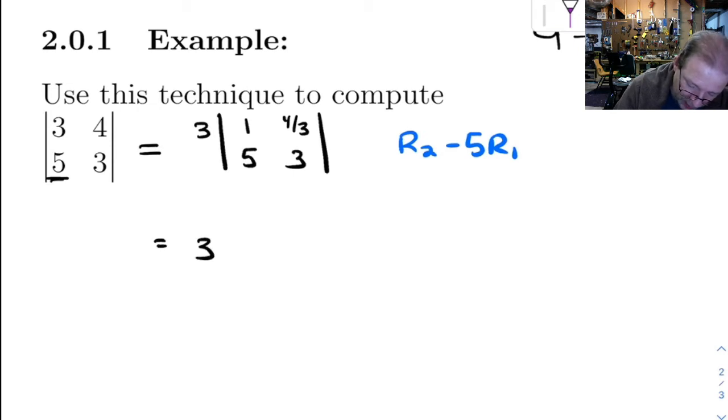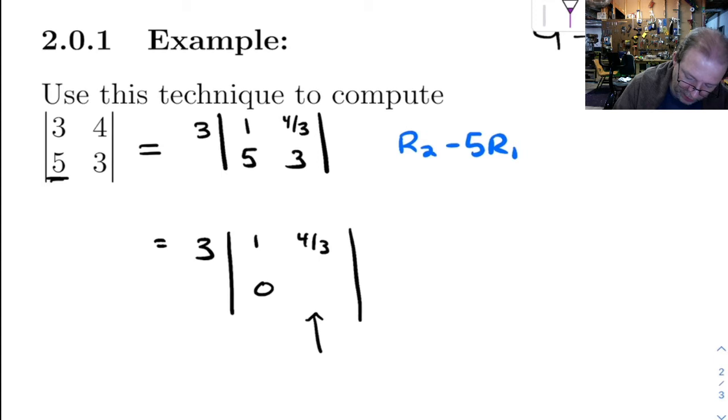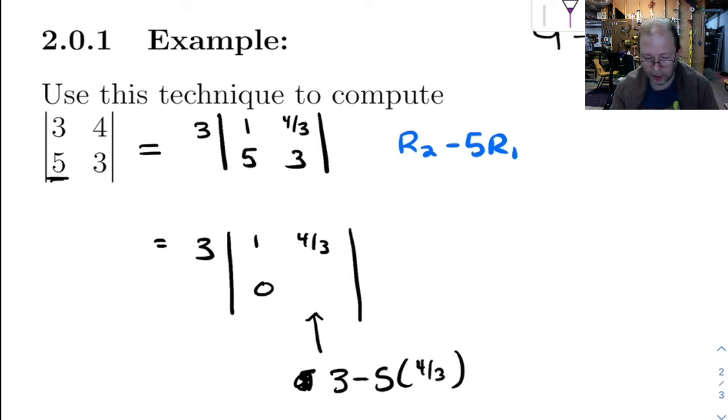So I get 3, 1, 4/3, and then 5 minus 5 is 0, and here I get 3 minus 5 times 4/3. I'm going to do it on my calculator. 3 minus 5 times 4/3 gives me negative 11/3.